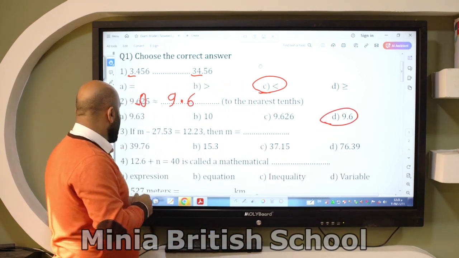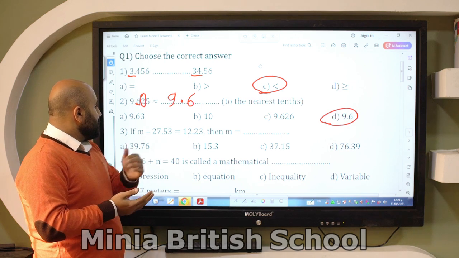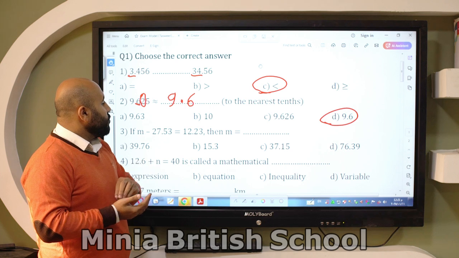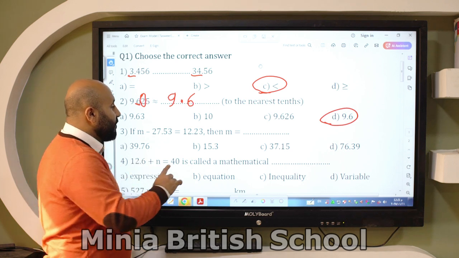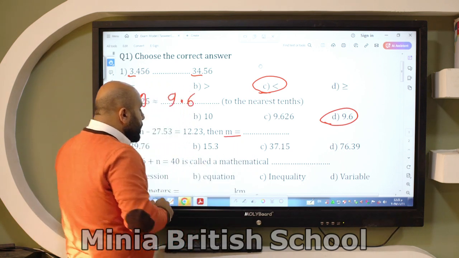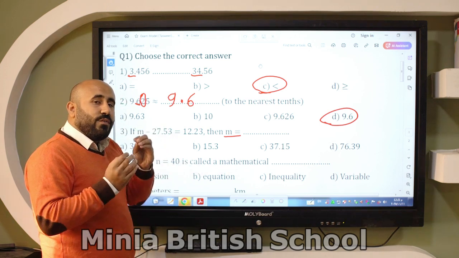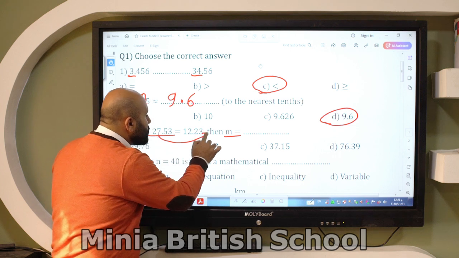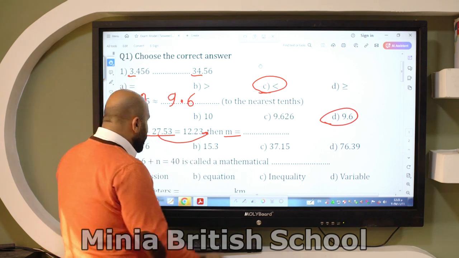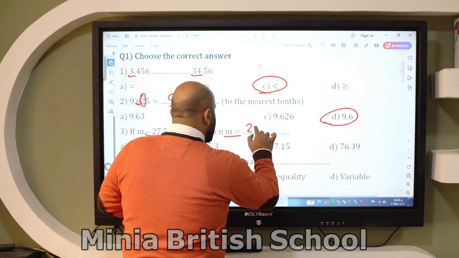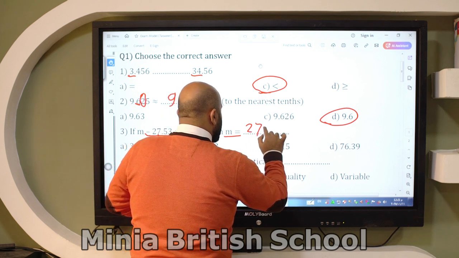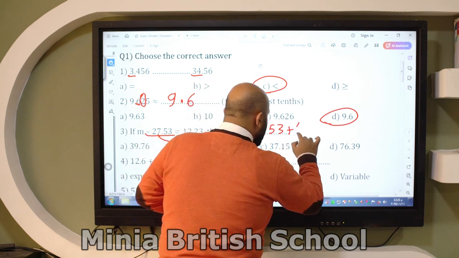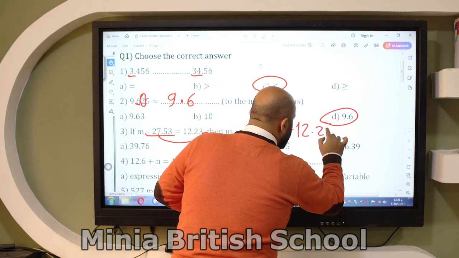Let's get to the second. If m minus 27 and 53 hundredths equals 12 and 23 hundredths, then find the value of m. You all know in the case of equations, I will move this number with the inverse operation. So m will be 27.53 plus 12.23.